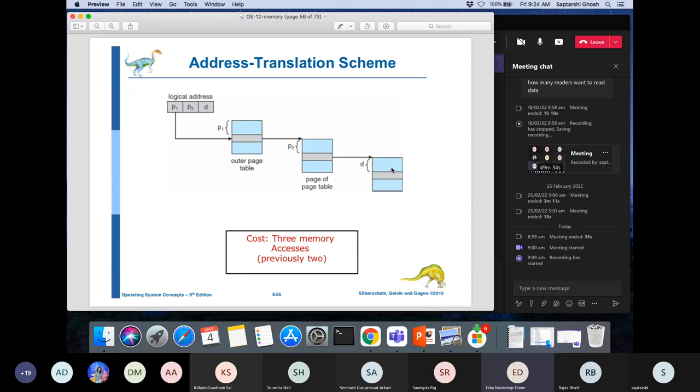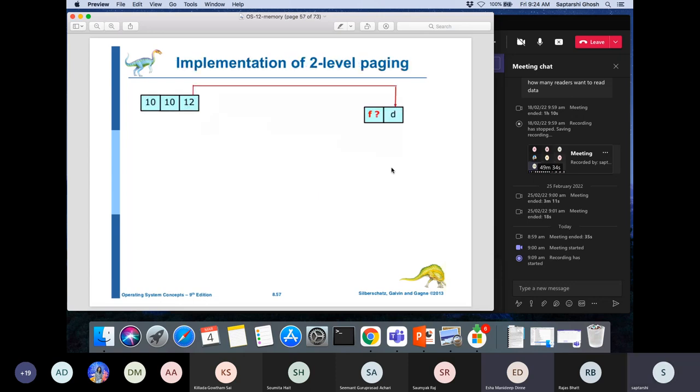Now, let me give you an illustration of how the page translation happens. After that, I can take questions. Suppose this is the scheme. We have this logical address. We have a two-level page table, a main page table and an outer page table.